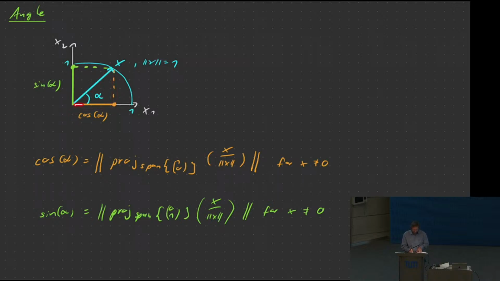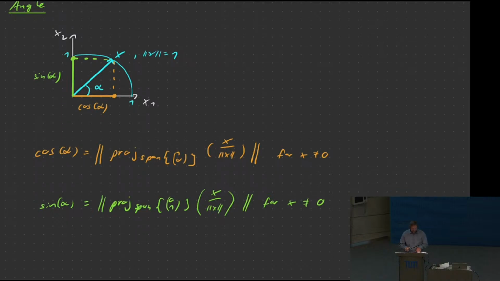So the cosine is this value here, and the sine is this value here. And of course, what you can see here is this cosine here. That is exactly the projection of that vector onto this line. And that's a relation to scalar products. Basically, that's it, right? So the cosine is the length, to be precise, of that projection onto that line.